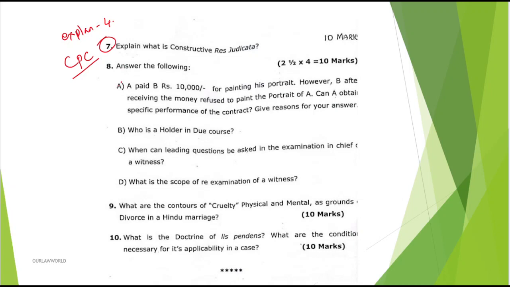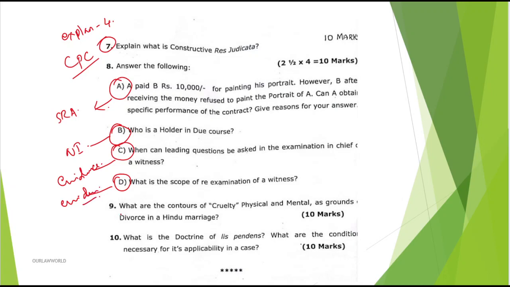Here you get a problem regarding specific performance of contract from the Specific Relief Act. The next one is holder in due course from negotiable instruments. This is from the Evidence Act, leading questions. D is also from the Evidence Act, examination and re-examination of witness. Then cruelty and mental grounds of divorce, for the Hindu Marriage Act, and doctrine of lis pendens, which is the Transfer of Property Act.